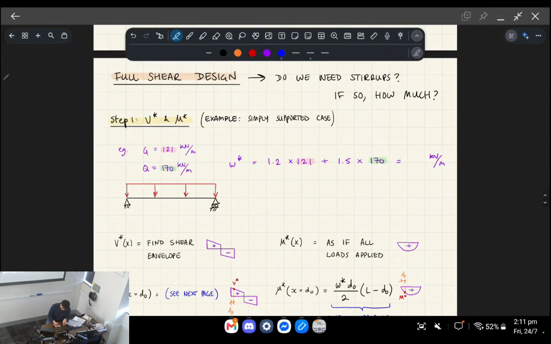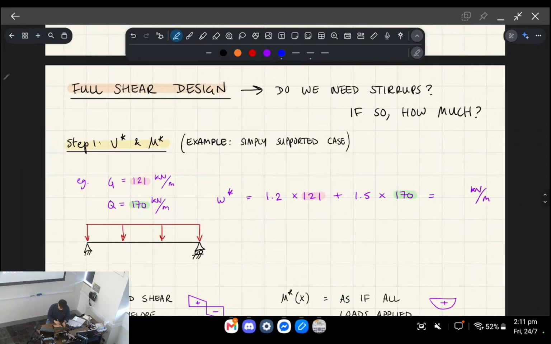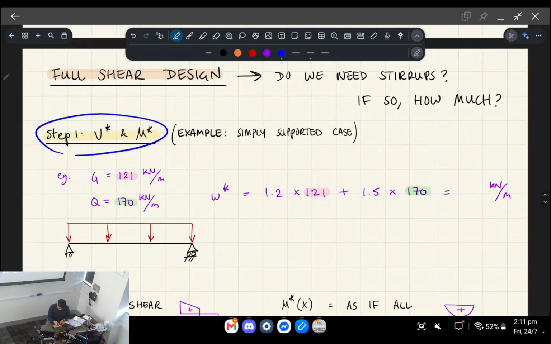Okay, so what we do is first we need to figure out the shear that we're going to design with and the moment we're going to design with. Okay, focus on the right-hand screen, okay?